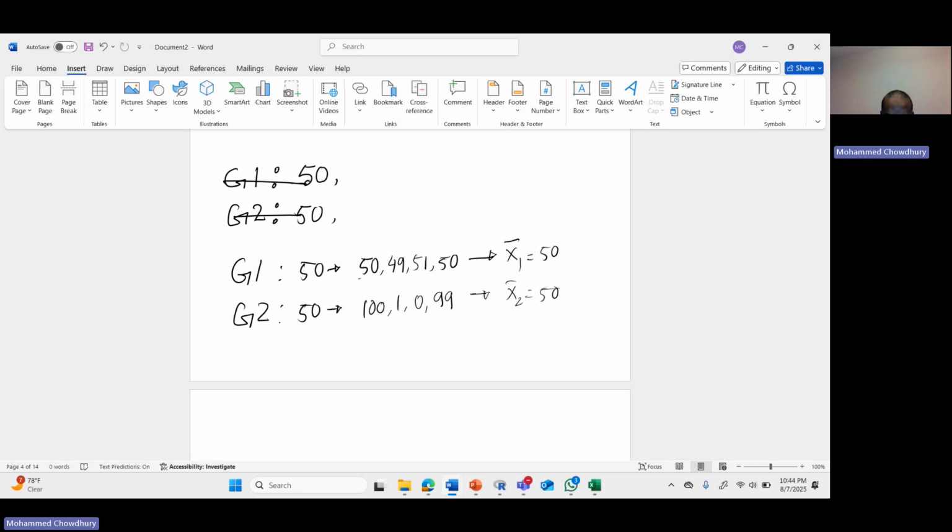This is the individual exam scores for a group of 4 students, and this is the individual exam scores for another group of 4 students. So now you immediately say that the first group consists of students with average or below average quality, but the second group consists of extremely good students and extremely poor students who performed poorly in the exam.